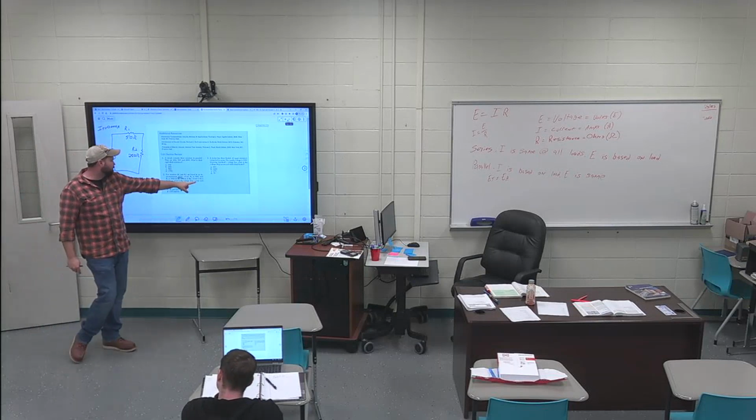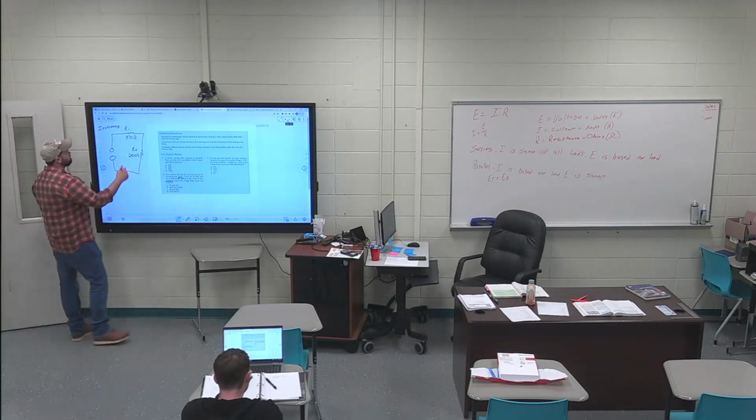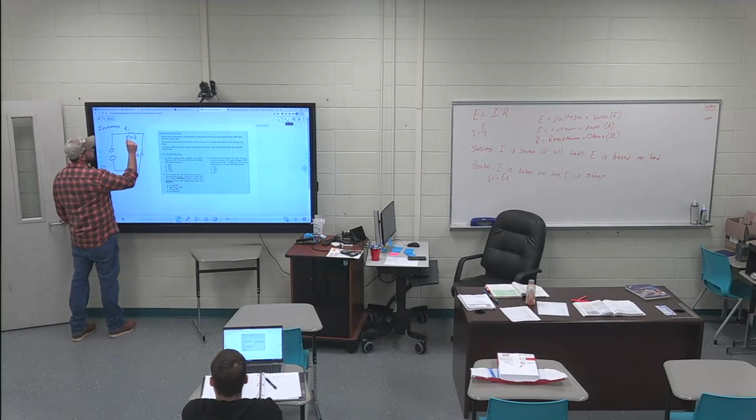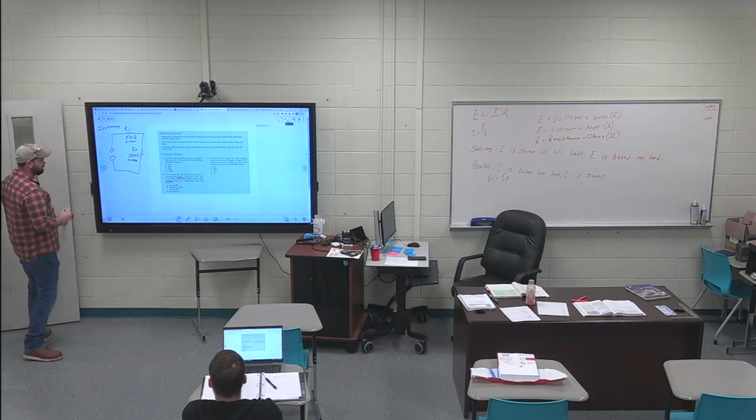So they're asking what the voltage drop is across each. So if I have 0.004 amps here and 0.004 amps here, what's my equation for voltage?